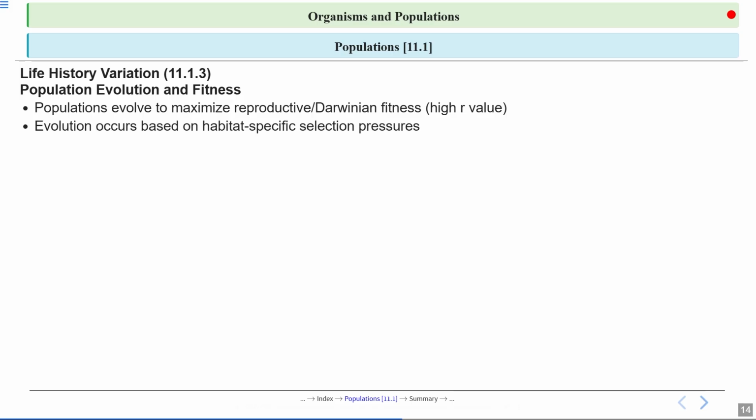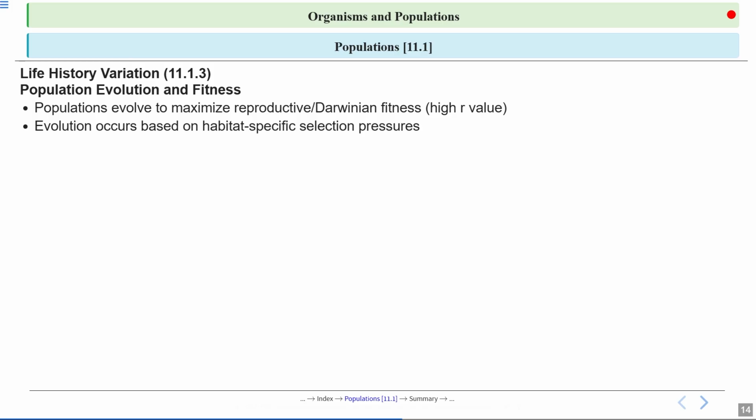Now, evolution doesn't happen in a vacuum. It's influenced by habitat-specific selection pressure. This means that the environment plays a significant role in shaping the evolutionary path of a population. There are a lot of selection pressures in the habitat, in the ecosystem where the organisms are living, and these organisms are adapting to these changes in the environment.